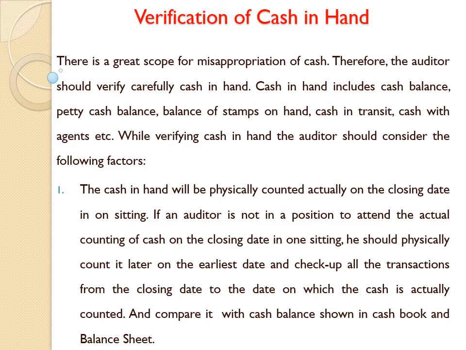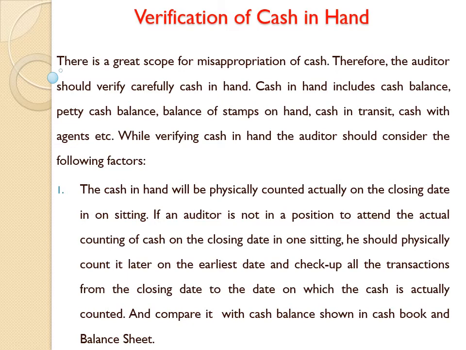While verifying cash in hand, the auditor should confirm the exact truthfulness of cash in hand. The auditor should note what points are covered under the head cash in hand.